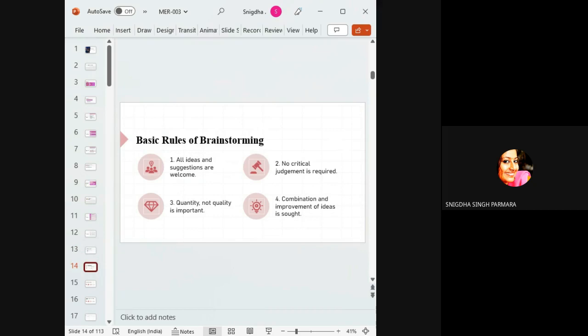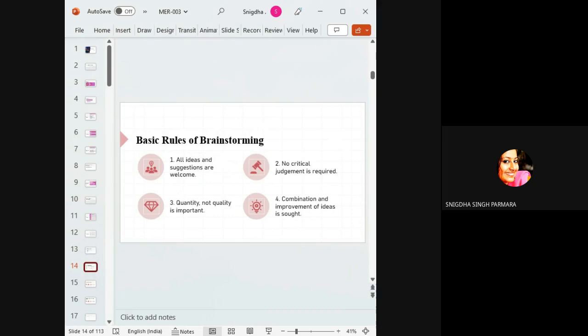What are the basic rules for brainstorming? There should be no judgment, there should be no critics, there should be no critical judgment in brainstorming. All ideas and suggestions should therefore be welcomed, because you're not going to judge anything. So let the ideas come, let the suggestions come.